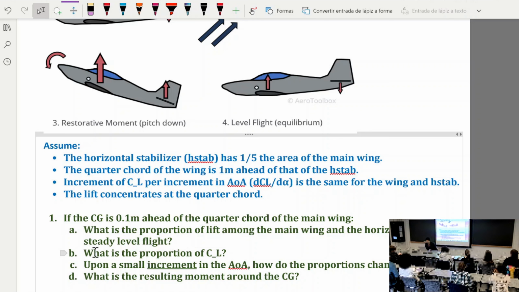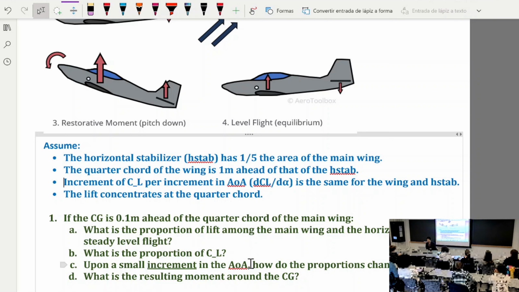And what is the proportion of lift coefficient? Then upon a small increment in the angle of attack, how do the proportions change? The proportions means the proportion of lift coefficient and also lift itself. How do these proportions change?